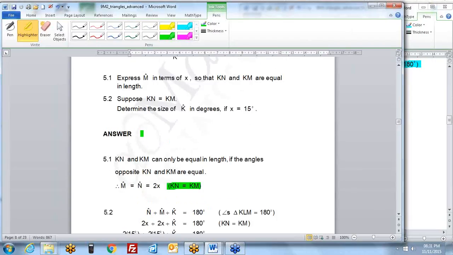Then 5.2, suppose KN and KM are equal. So KN equals KM.